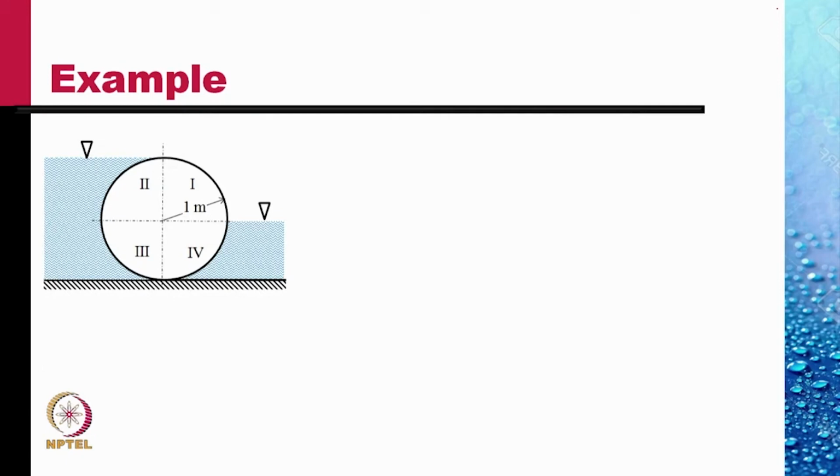On quadrant 1, there are no forces. Let us first look at the vertical force. On quadrant 2, the vertical force is equal to the weight of the water up to the free surface which is supported on that surface, which is shown as the blue area in this picture. On quadrant 3, the weight of the liquid that would be supported on quadrant 3 would be as shown.